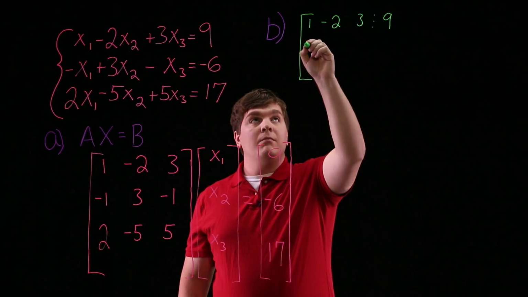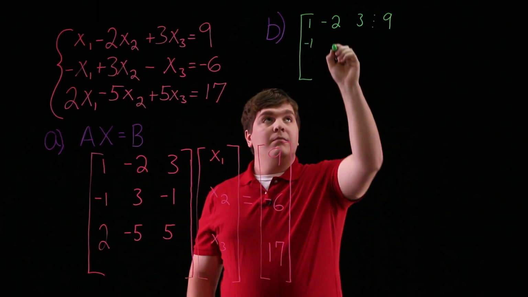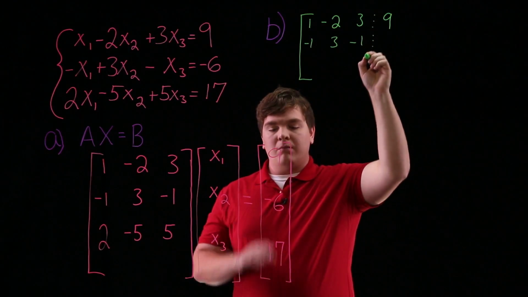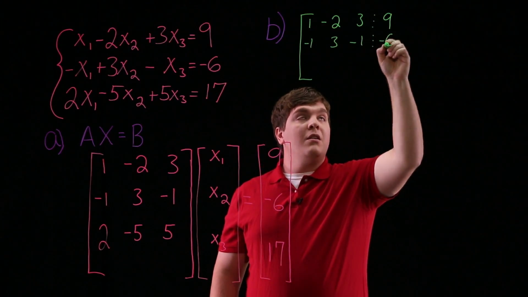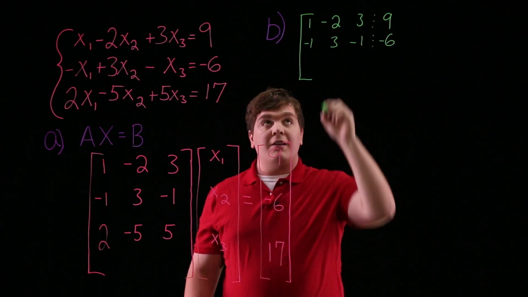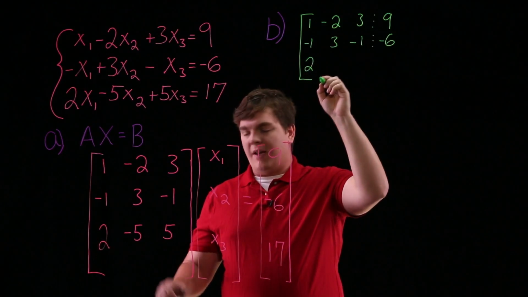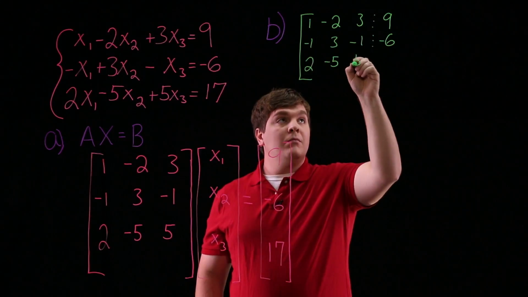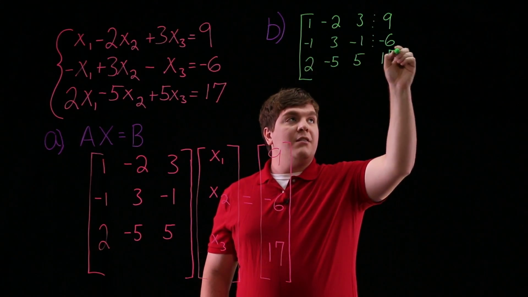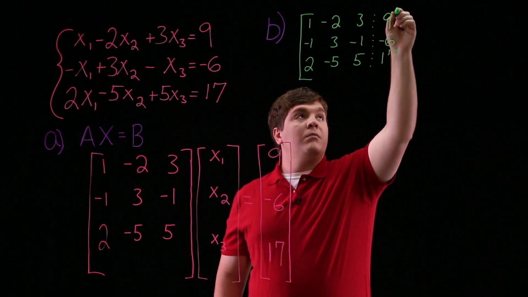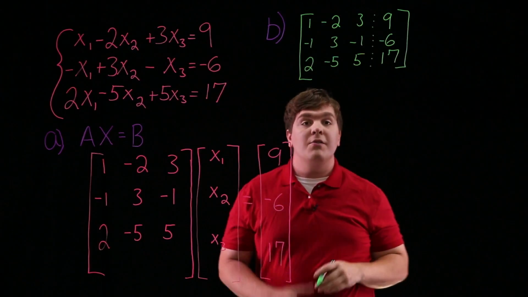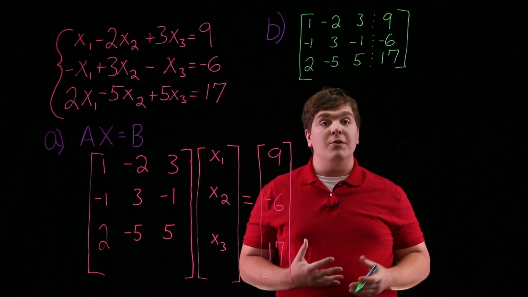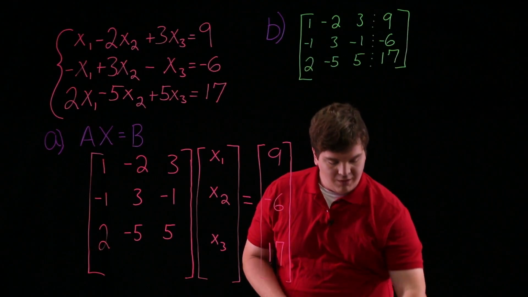We'll have -1, 3, -1, -6 in the second row, and 2, -5, 5, 17 in the third row. So here, since we're trying to do Gauss-Jordan elimination, we want to take this down into reduced row echelon form.